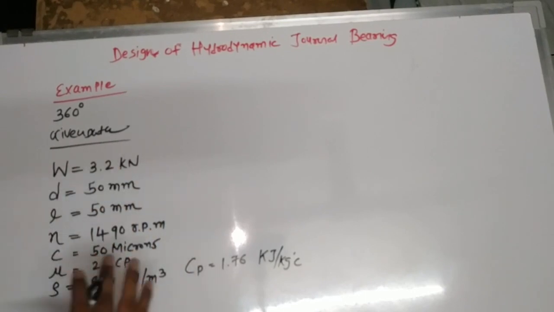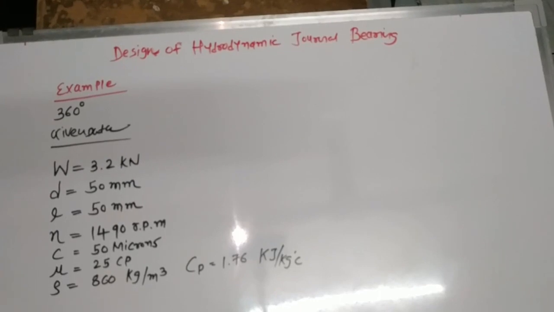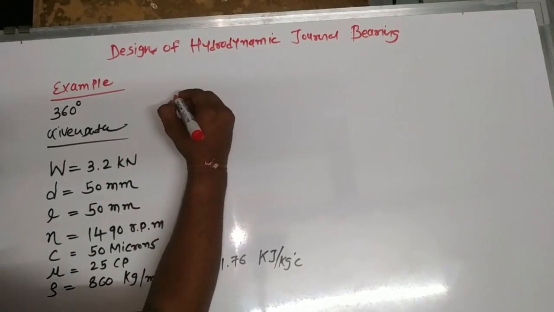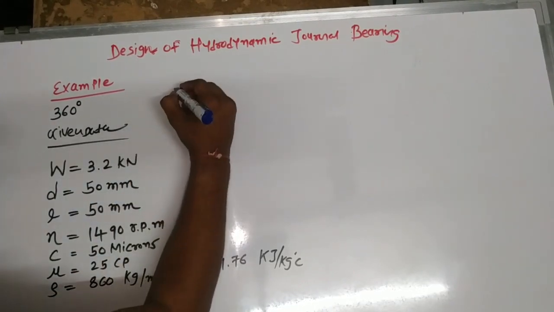Based on this given data, we are going to calculate the required parameters. The first parameter we are interested in finding out is the minimum oil film thickness, which we denote with H0.